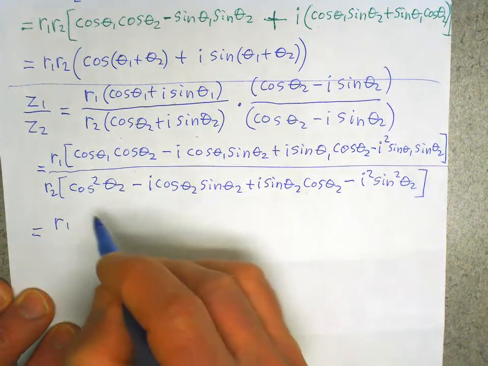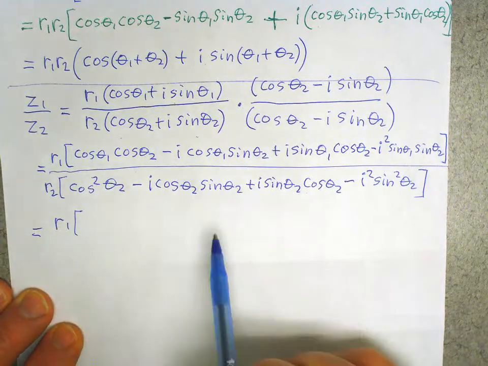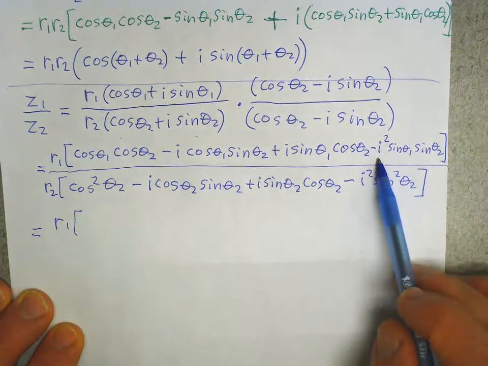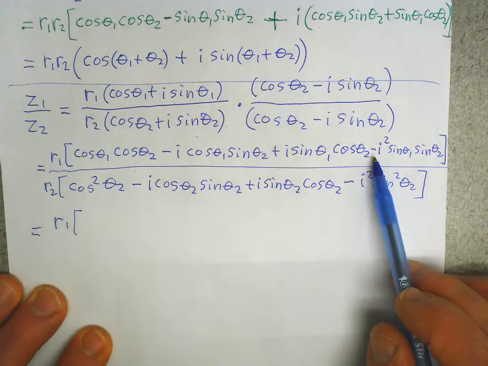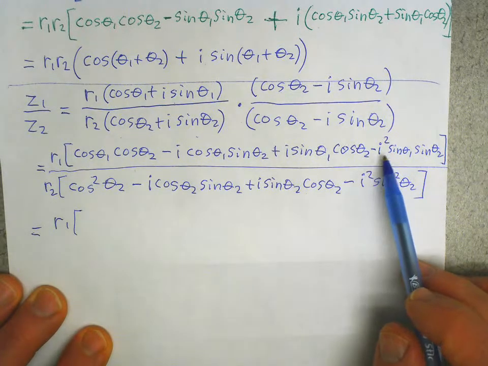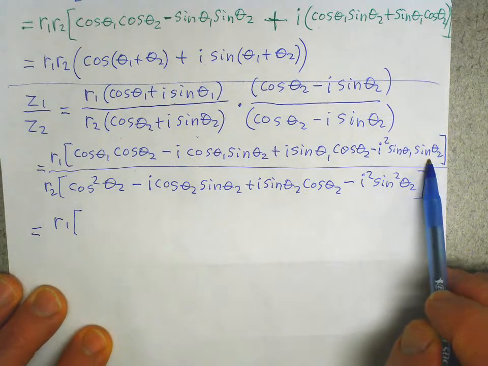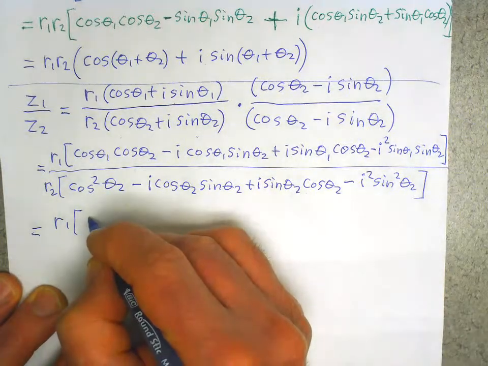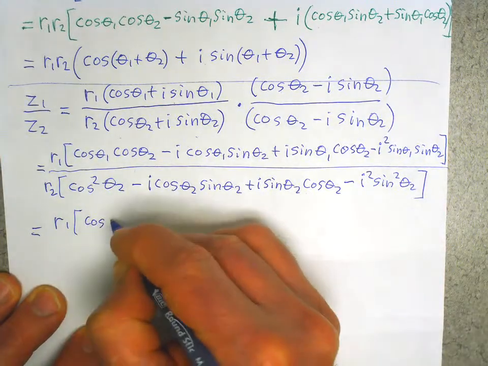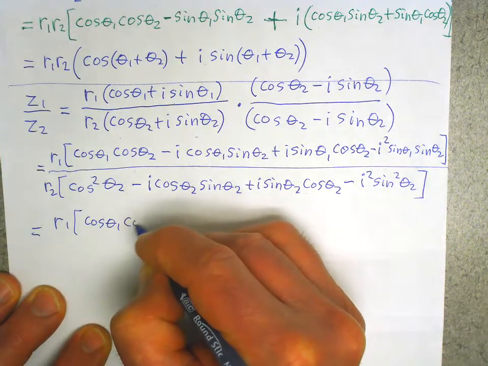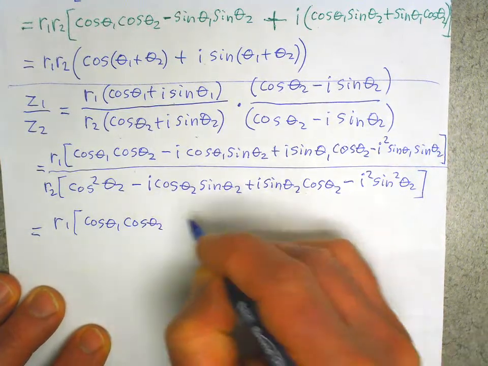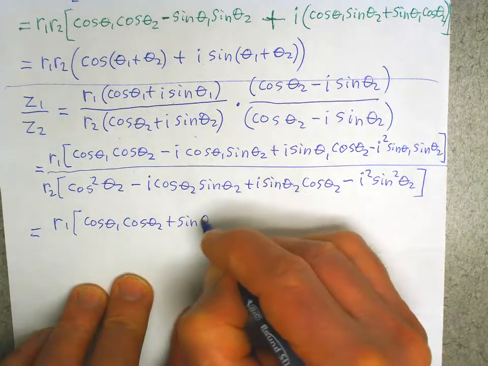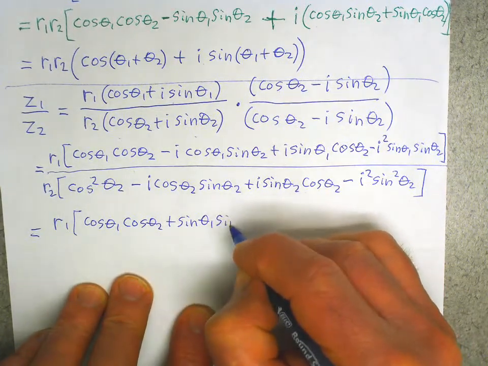Okay, in the numerator, we'll note that over here we have a minus i squared, which is like minus negative 1. So this becomes plus sine of theta 1 times sine of theta 2. So we'll put the real parts on the left, cosine of theta 1 times cosine of theta 2 plus sine of theta 1 times sine of theta 2.